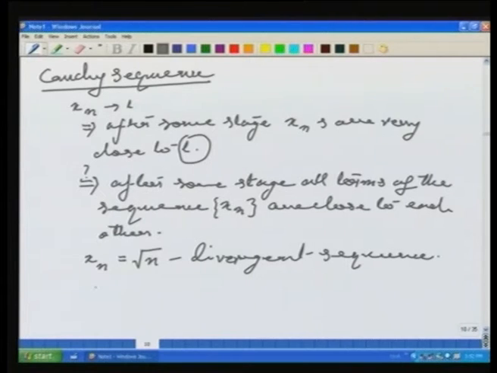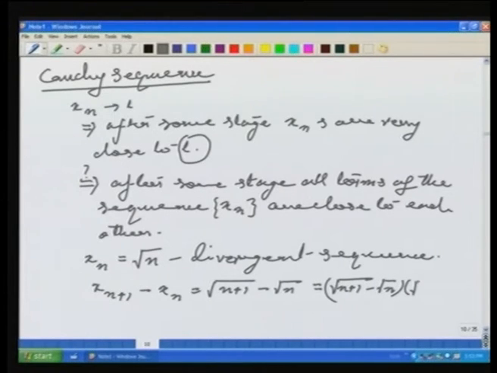But notice that if I look at x n plus 1 minus x n, which is square root of n plus 1 minus square root of n, which can also be written as a product with the conjugate.